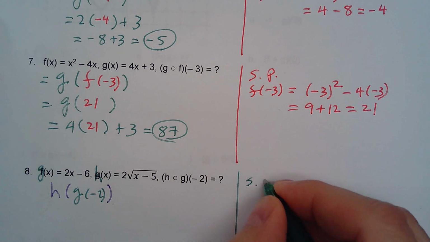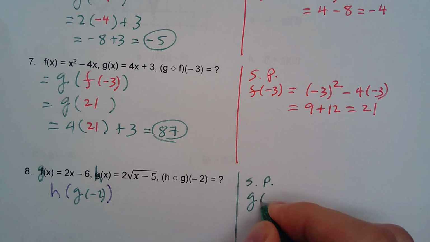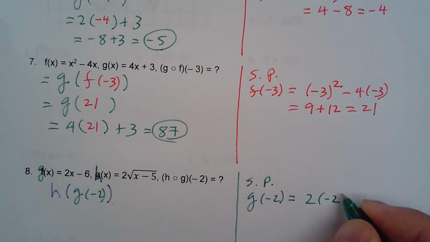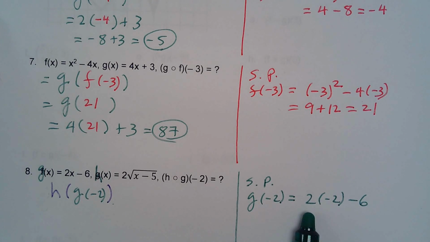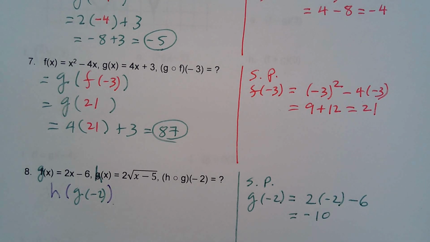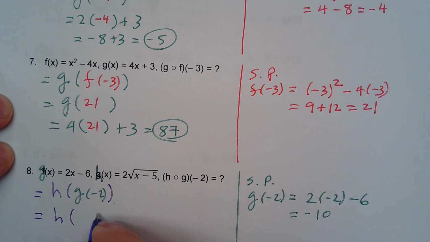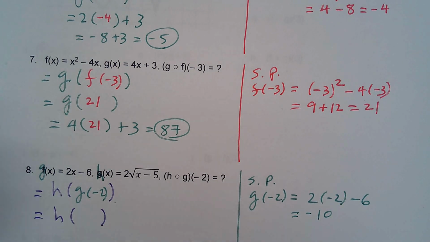So I go to my scratch paper. So that's negative 4 minus 6. That's going to give us a negative 10. And now we're going to plug in H of negative 10.